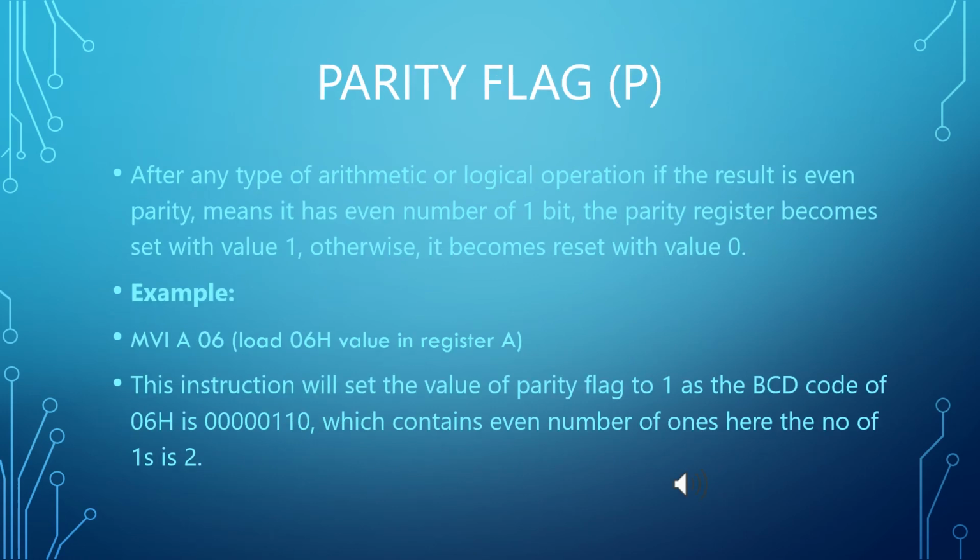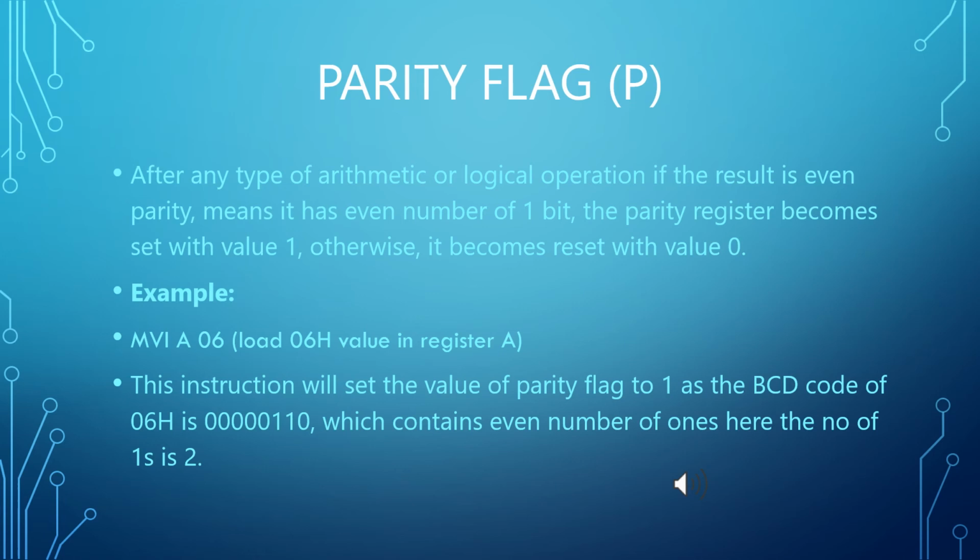Now we are going to see the parity flag. After any type of arithmetic or logical operation, if the result has even parity, meaning it has an even number of 1 bits, the parity flag becomes set with value 1, otherwise it becomes reset with value 0. Example: MVI A, 06.